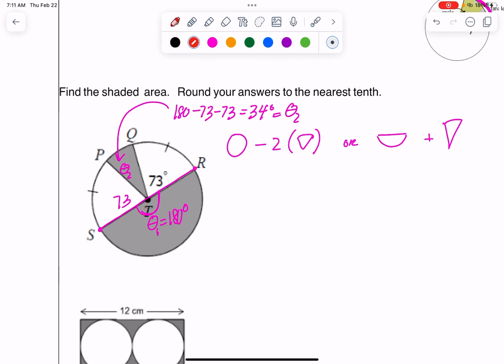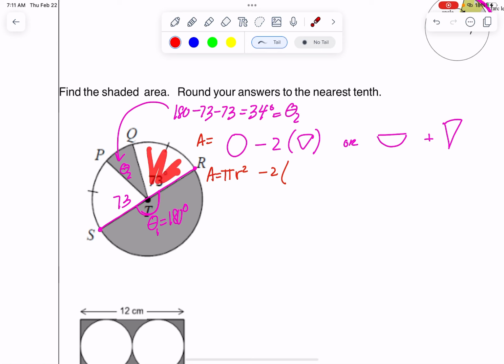then we're looking at the formula for a circle is pi r squared. Remember, we're doing area minus 2 times, and I just want to find the area for this. Well, the area for this, and I didn't write it on this paper, I apologize, S, R equals 20.